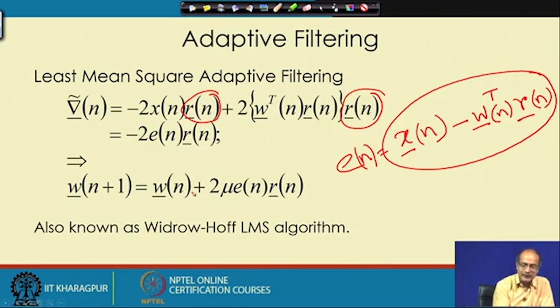This equation is our update equation, and this is known as the Widrow LMS algorithm.